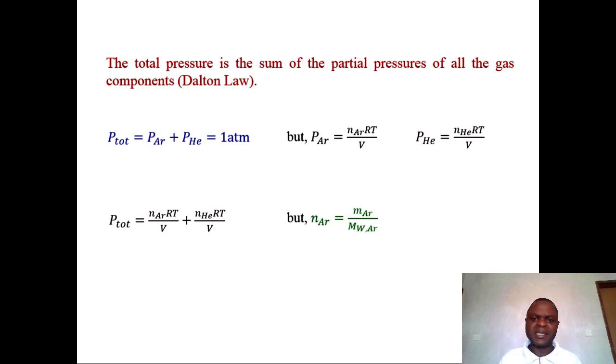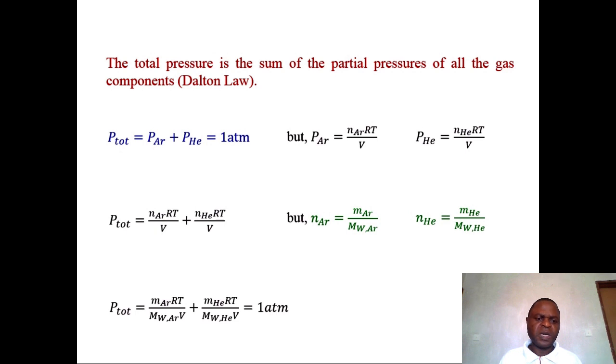But to get the number of moles of argon, we have to use the mass of argon divided by the molecular weight of argon, and for the number of moles of helium, we use the mass of helium divided by the molecular weight of helium.